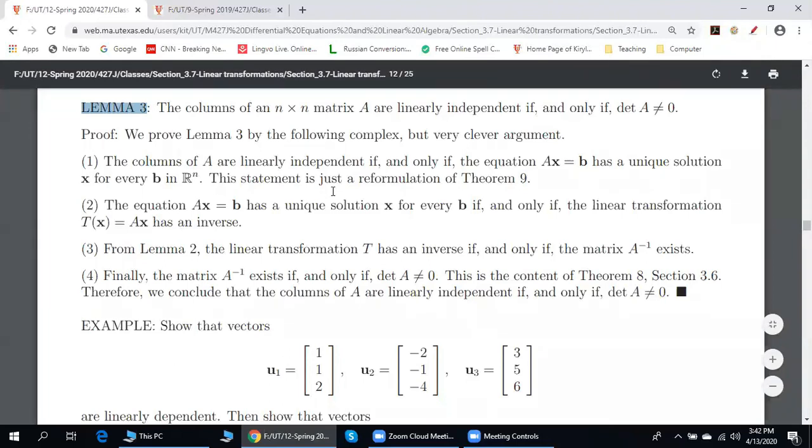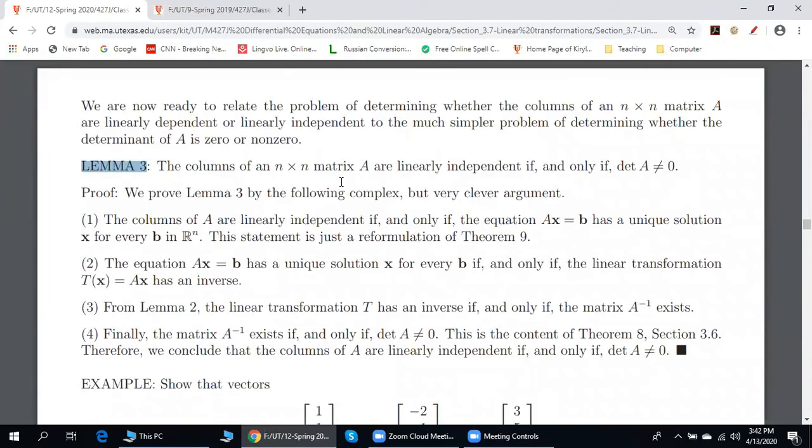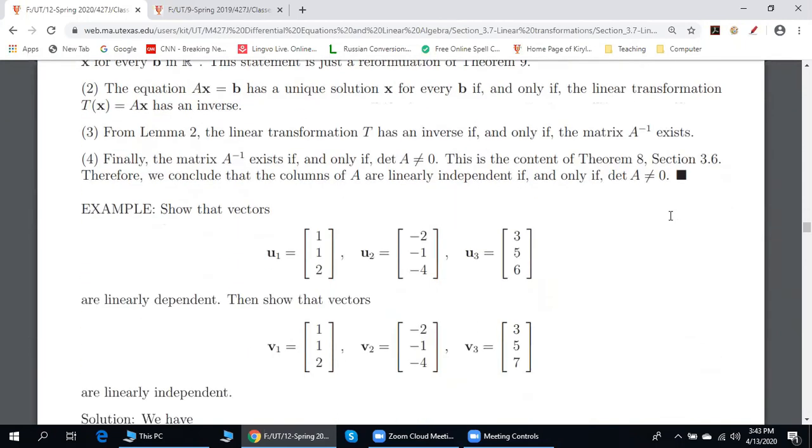Lemma 3 says that if matrix A is square and its determinant is not equal to 0, columns are independent. Moreover, it's an if and only if statement, which means columns are dependent if and only if the determinant is equal to 0.